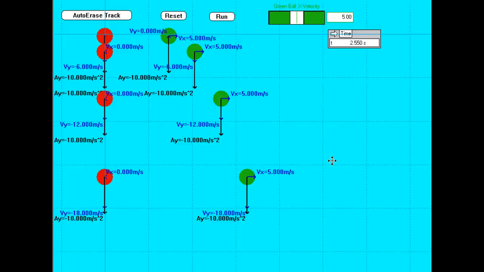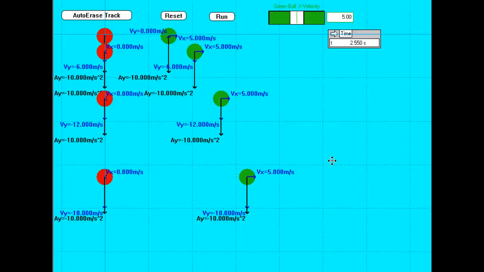You think, wow, that one has to spend more time in the air because it's traveling so much farther downrange. But the speed at which it's traveling downrange has nothing to do with the amount of time that it takes to fall. So a dropped bullet will hit the ground at the same time as a shot bullet over a level surface shot from a horizontal gun.